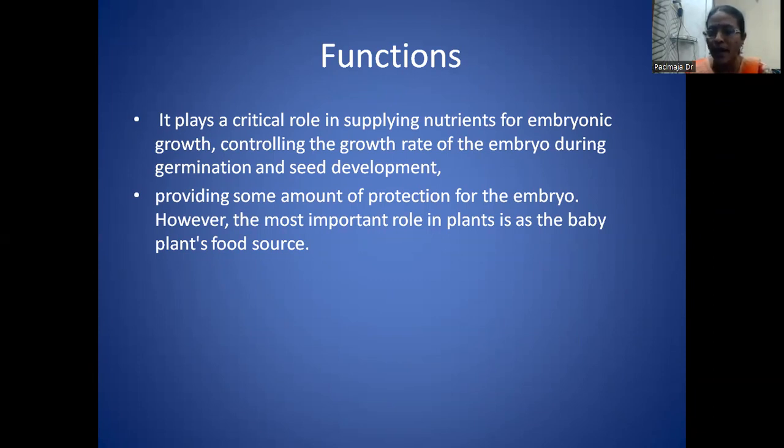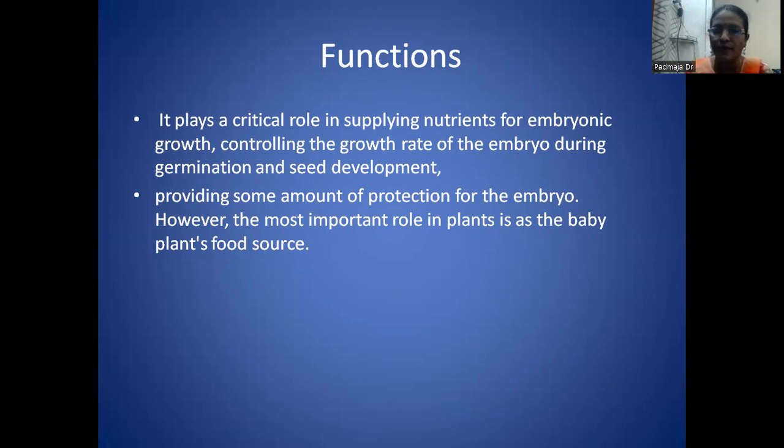For this plant, the food materials are given by the endosperm, which also controls the growth rate of the embryo during germination and seed development. For the seedling, the seed coat has to rupture, enzymes have to be released, and germination and seed development take place. For this, the food is essential.